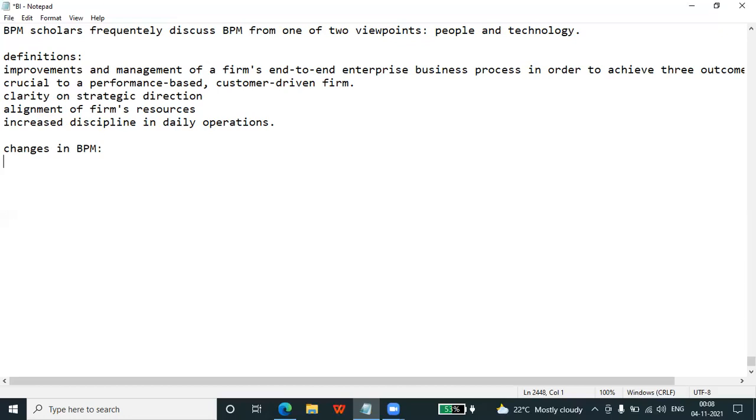So BPM can be coupled with other methodologies such as Six Sigma. Some BPM tools, such as process flows, allow users to visualize, measure, analyze, improve, control, and re-engineer.